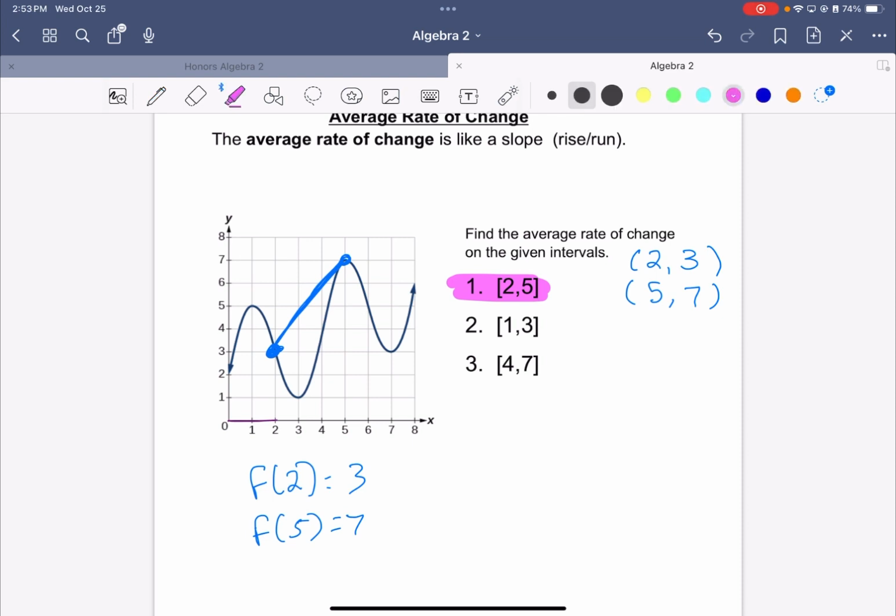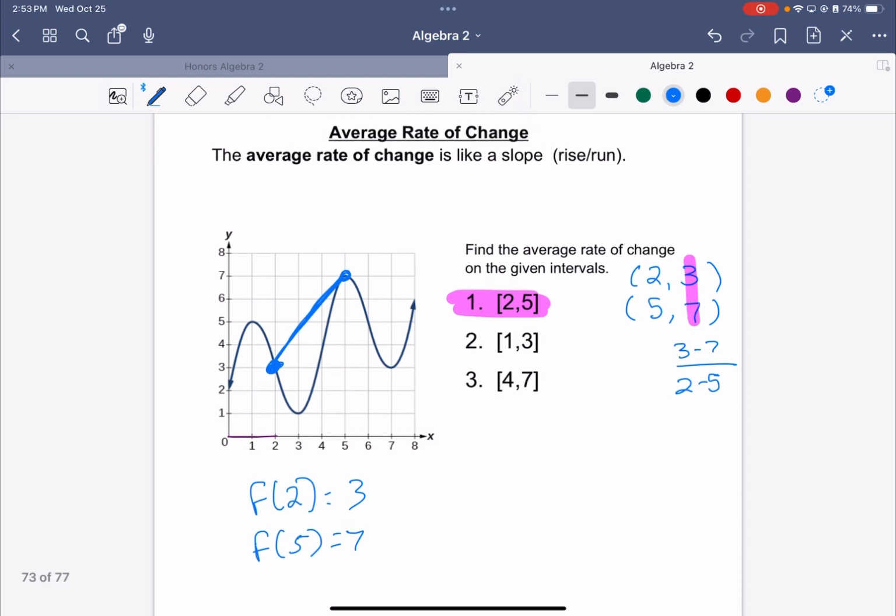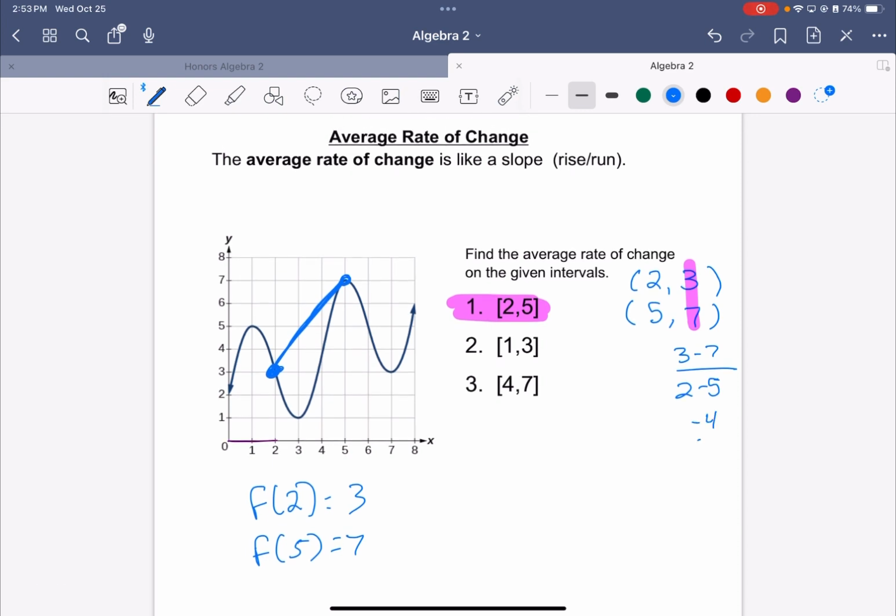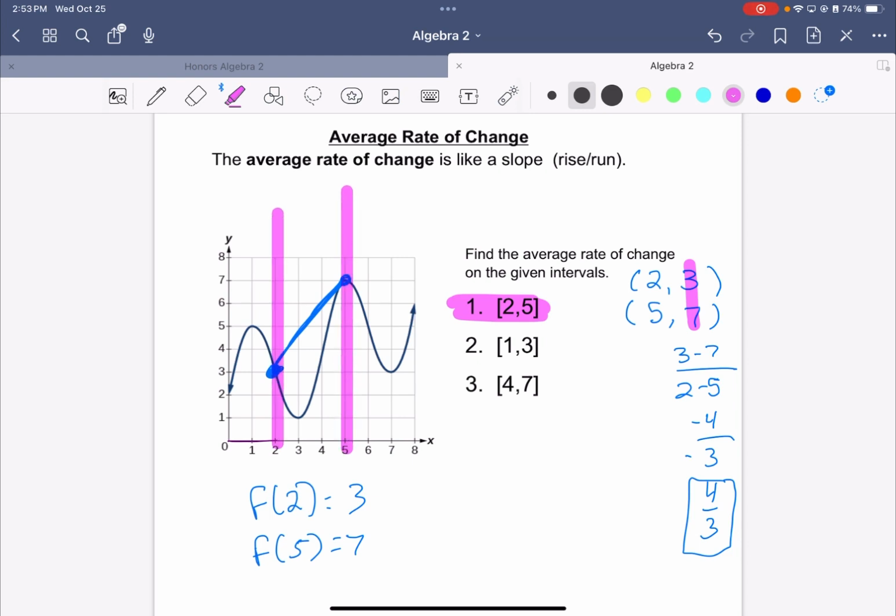So just like we just did, it's going to be 3 minus 7 over 2 minus 5. 3 minus 7 is negative 4. 2 minus 5 is negative 3. So the average rate of change for the interval from 2 to 5 is 4/3.